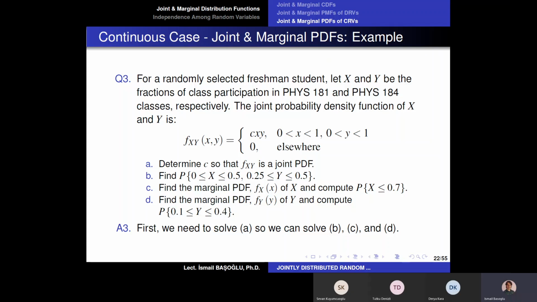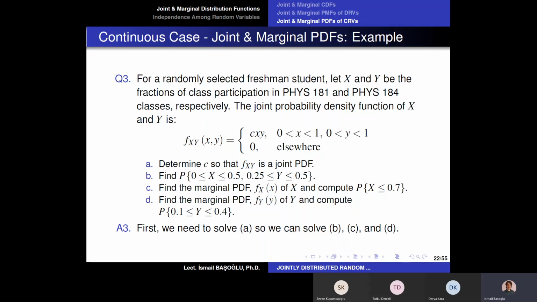However, of course, they should be dependent, right? Dependent on each other. For example, if a student does not participate in the Physics 1 class, then most probably we do not expect the same student to have a large class participation fraction in the second class as well. I mean, if a student is lazy, then that student is lazy in almost all of the classes. So there may be some exceptions.